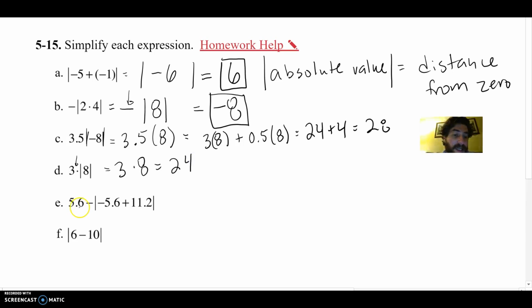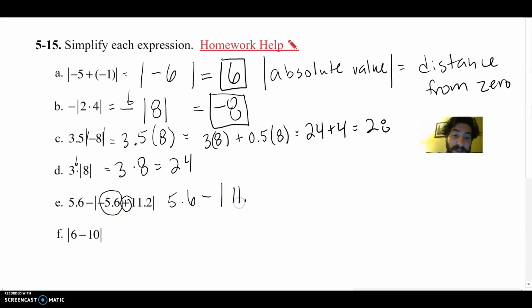This one's strange because I have -5 6/10 minus this distance here. And if I'm at -5 6/10 and I add 11 2/10 onto it, I'm going to end up in the positive. What I'm going to do is I'm going to rearrange these because addition is commutative. I can rearrange them. So I'm just going to rearrange them so it looks like this. I'm going to take this -5 6/10 and move it behind.